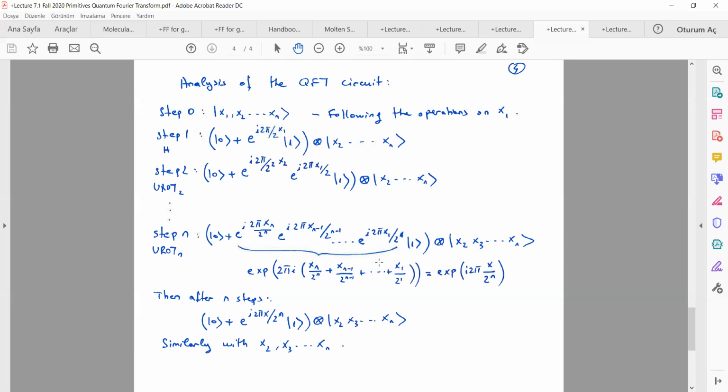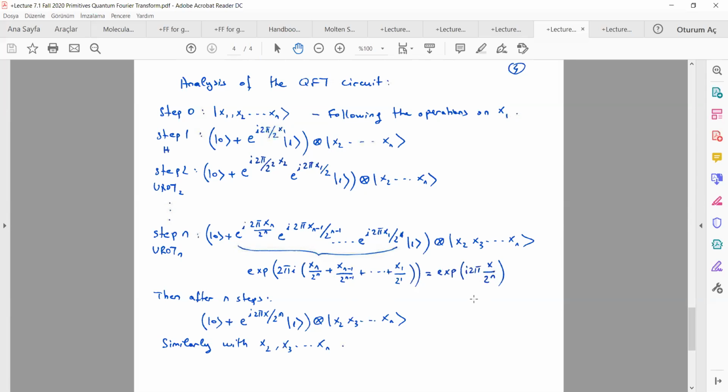But this sums up to x over 2 to the n. Remember the definition of x in decimal form. So this corresponds to e to the i 2 pi x over 2 to the n, because these x sub i are in binary form, and when we convert this from binary to decimal, we obtain this expression.